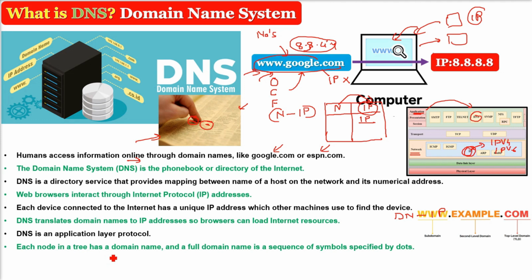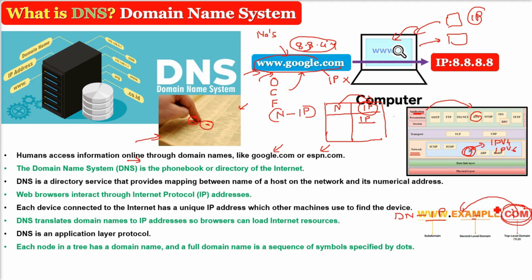When you talk about the domain name system, there are domains. Each node in the tree has a domain name. The full domain is a sequence of symbols separated by dots. For example, www.google.com. The rightmost .com is the top level domain. This goes to the recursor, the resolver, then to different servers, and finally your IP comes through for www.google.com.